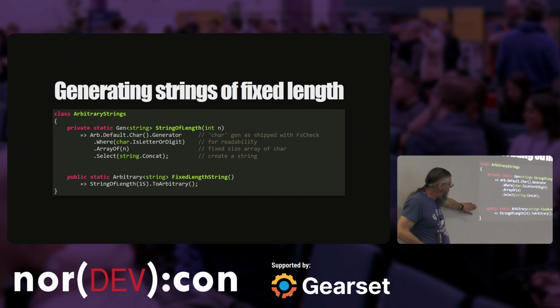And then the arbitrary, which is the thing that FsCheck uses to actually plug that data into the property-based test, is calling that generator and turning it into an arbitrary, and that's where there is some reflection magic that goes on. It's not actually necessary to use reflection for that, it turns out. Some different property-based testing frameworks don't require reflection, but this one does.